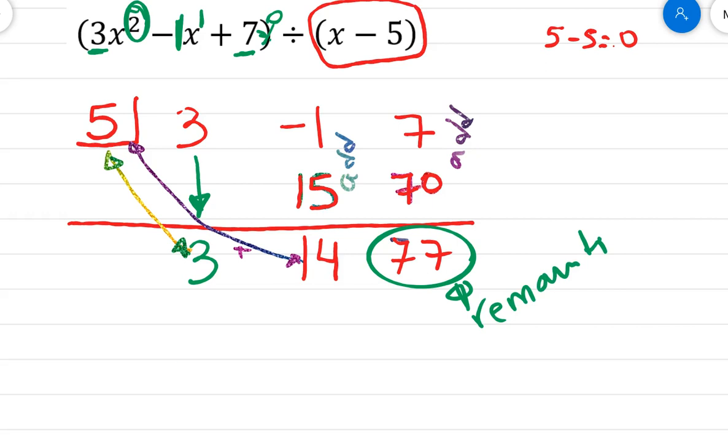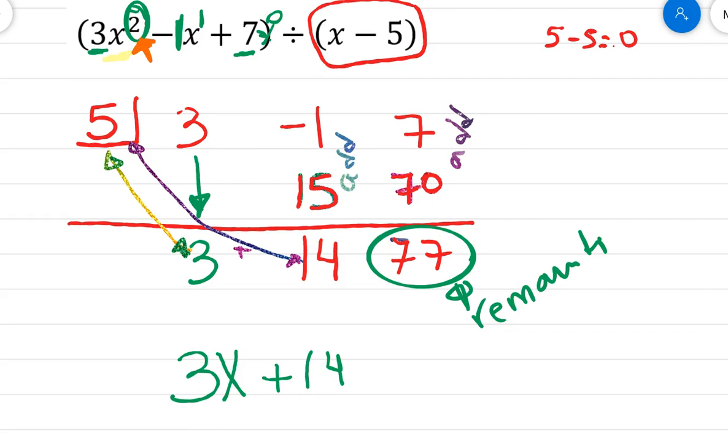So my quotient has a coefficient of 3 and a positive 14. Now, the variable that we were working with was x. So let's write x in my first term, but what exponent? The exponent of this variable is going to be 1 less than the highest one in my dividend.